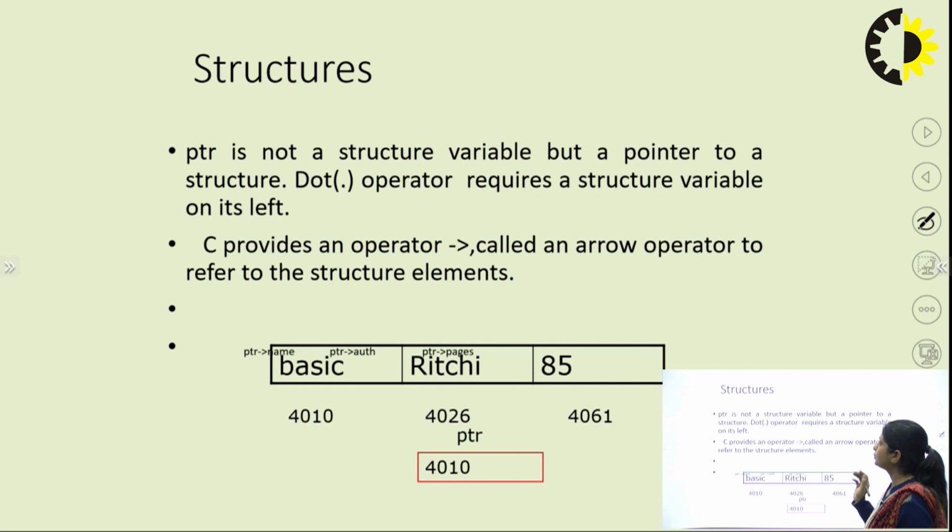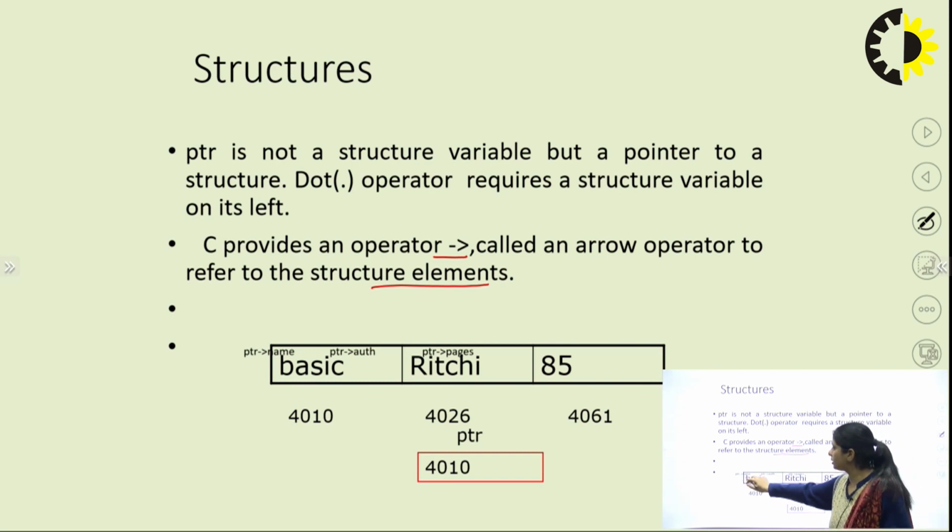So ptr is not a structure variable, it is a pointer to a structure, and the dot operator requires a structure variable on its left, okay? So C provides this arrow operator, which is used to refer to the structure elements, right? ptr, arrow operator, name, right? Then author name, and then pages.